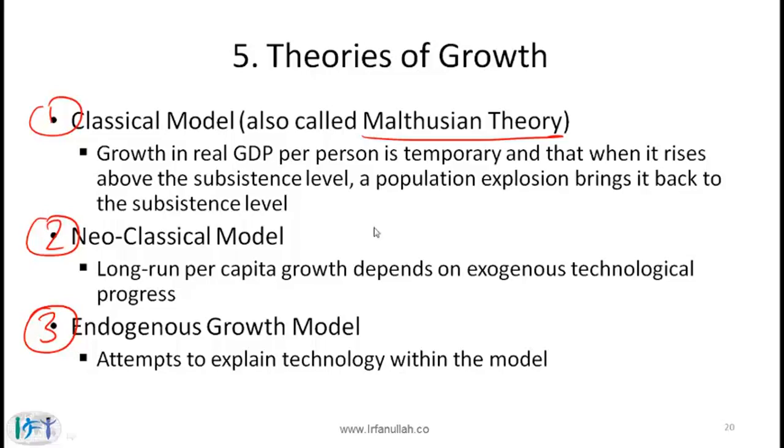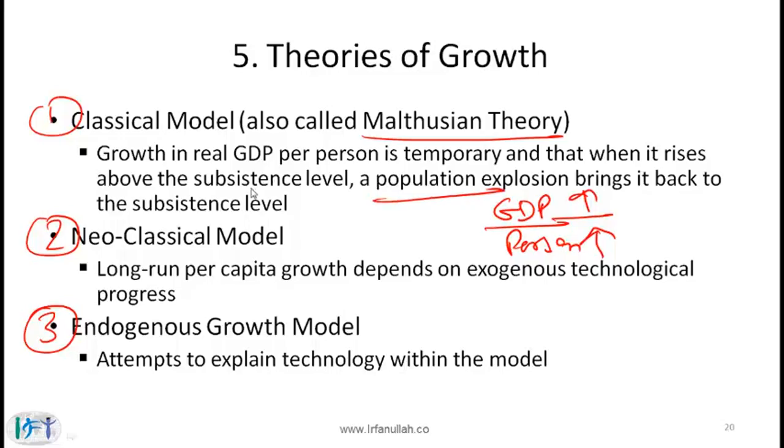So essentially, if an economy becomes richer on a per person basis, population goes up. The way you can think of this is GDP or income per person. If the output goes up, then the population will also go up. So overall, the GDP per person will stay the same.